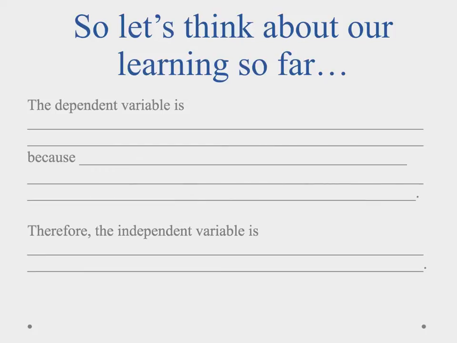Therefore, the independent variable is the number of goals we score. Remember, you can always pause the video and rewind it if you need to catch something to take note of it.